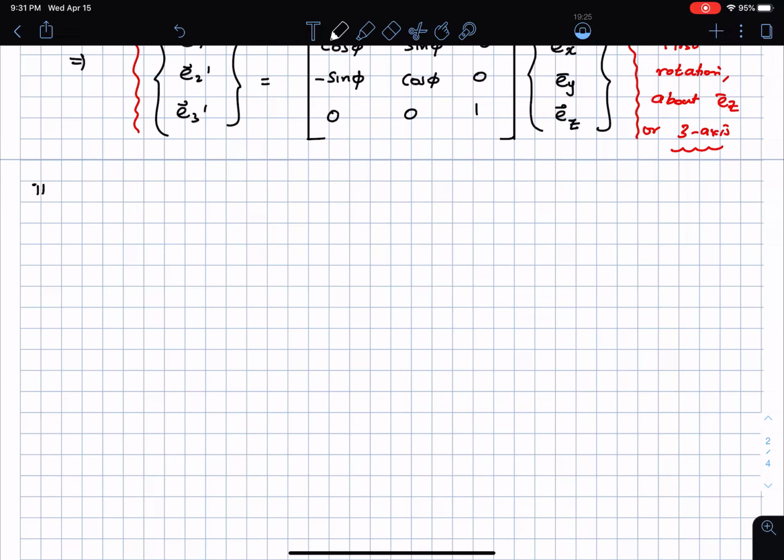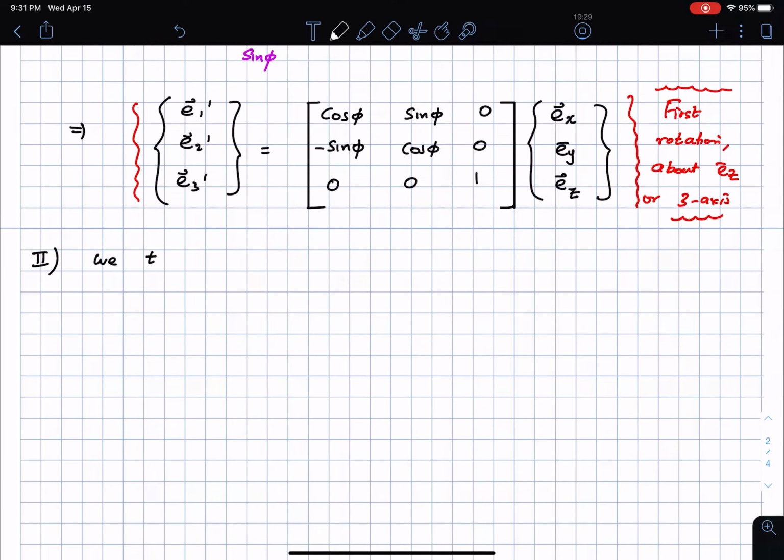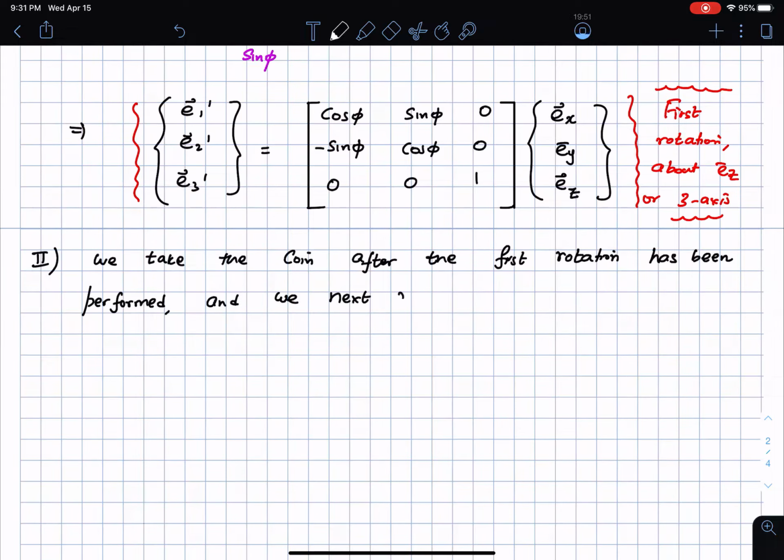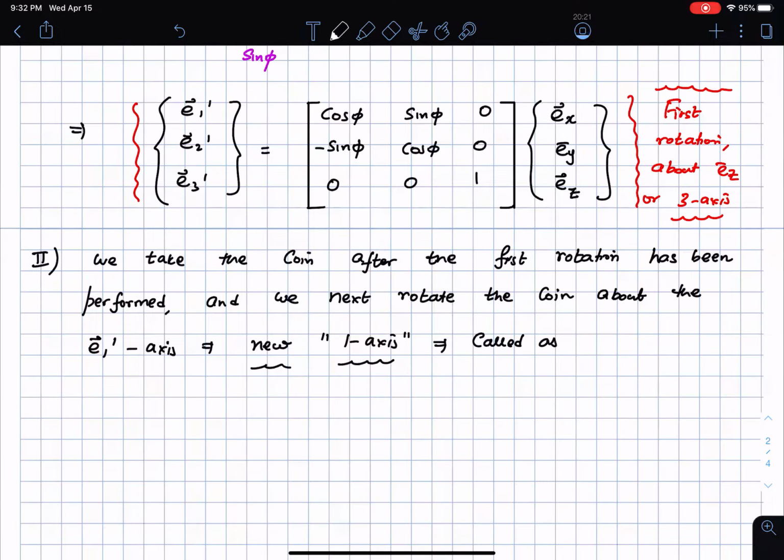Then we go to the second one. Okay, in the second configuration, we take the coin after the first rotation has been performed, and we next rotate the coin about the E1 prime axis, which is the new 1 axis, and this is going to be called a 1 axis rotation.